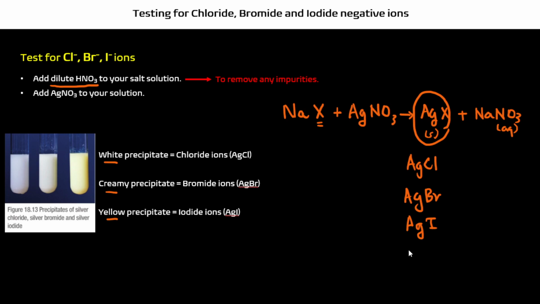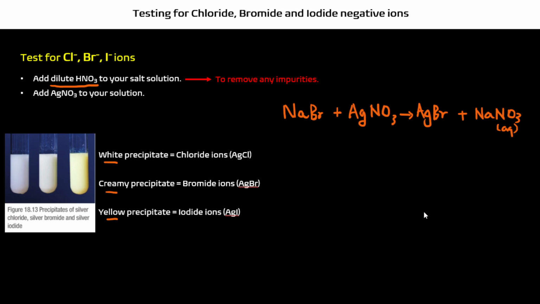Now similarly, they could give us a reaction between, let's say, sodium bromide and silver nitrate. So our product would be silver bromide, and they can ask you the color of the precipitate as well. You should know that if it is silver bromide, we are going to have a creamy precipitate.